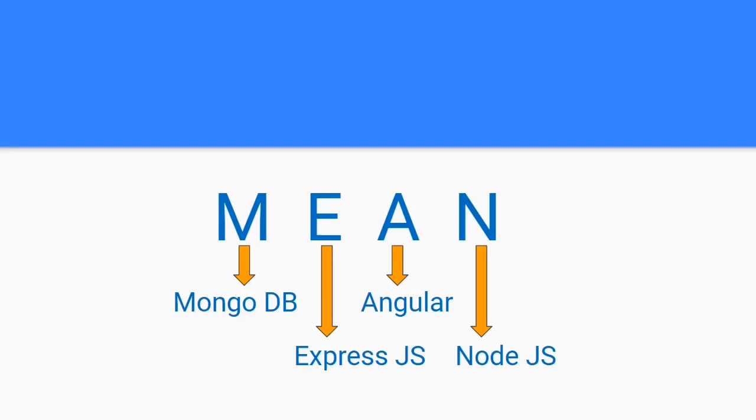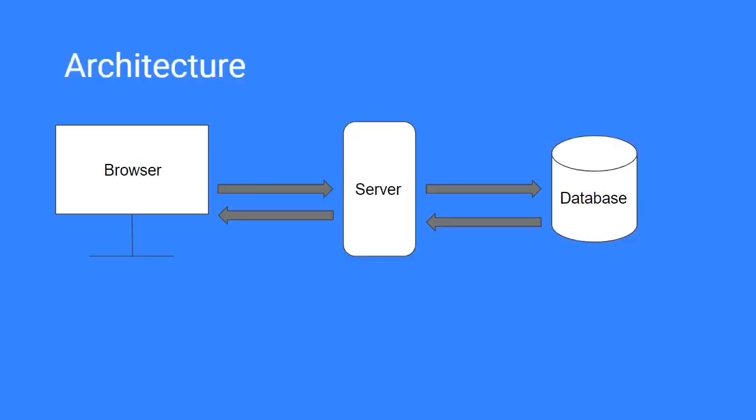Okay. So let's try to understand where exactly we use these four technologies inside the end-to-end life cycle of the application. Now let's take a scenario. Let's assume that we have an application and it has some interaction with the database. It fetches some data and displays it on the browser.